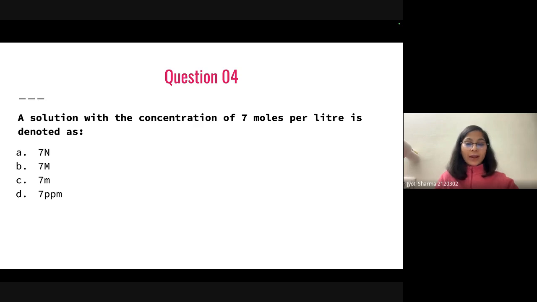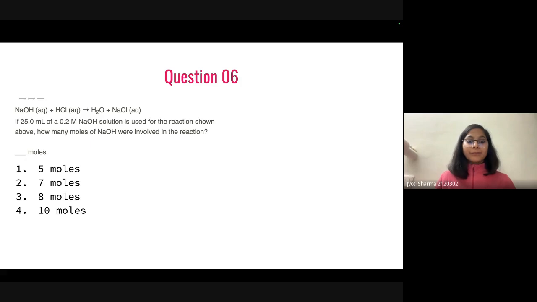You can write in the chat box, you can also speak your answer. So yes, because we know that moles per liter is nothing but molarity, and molarity we can denote by the capital M. So yes, the answer B should be right, and this will be 7 M.